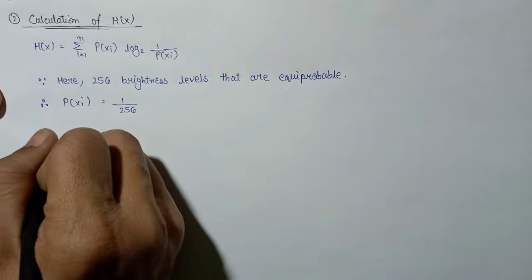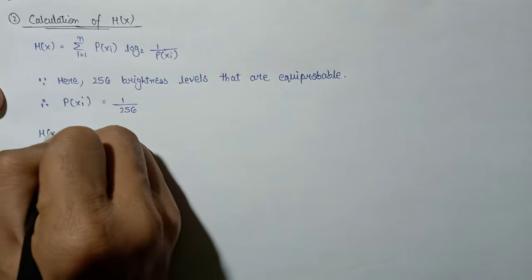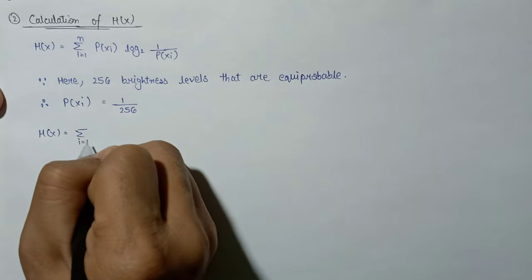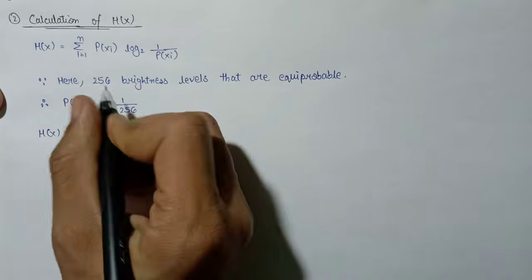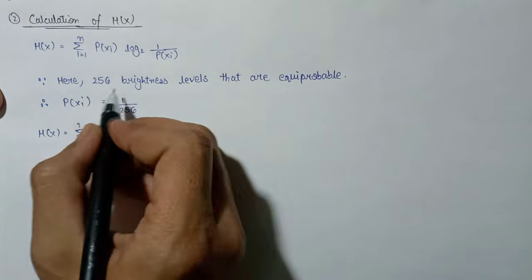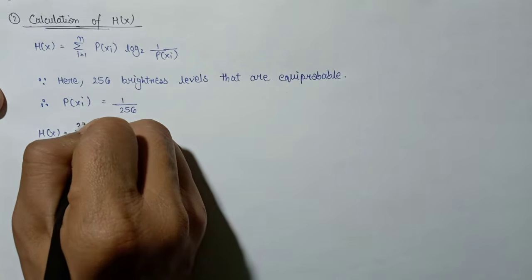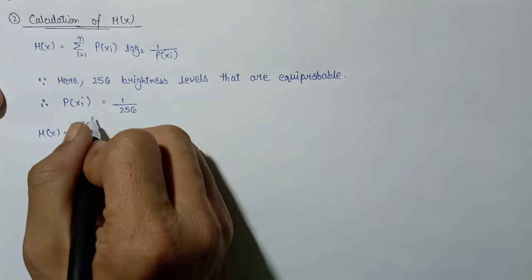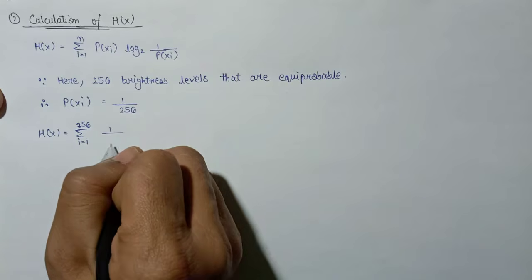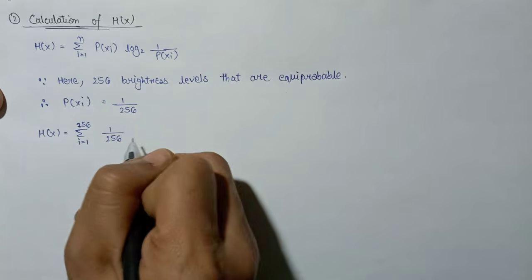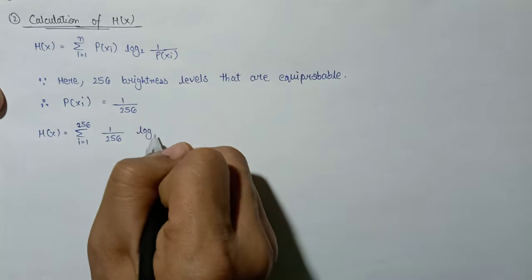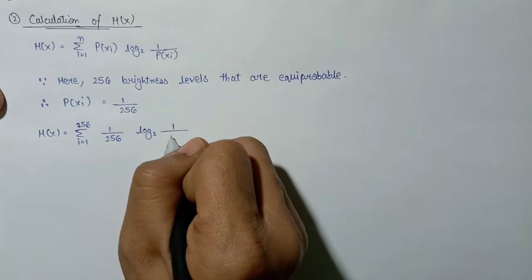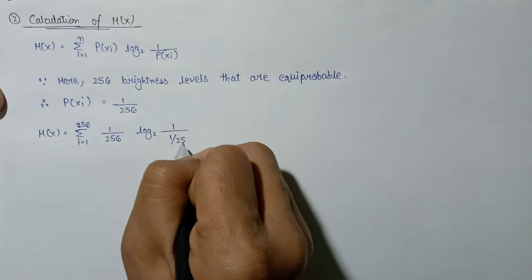Now if we put the values in the formula of H(X), it comes out to be summation i equals 1 to 256, P(xi) whose value is 1 over 256, times log base 2 of 1 over 1 by 256.